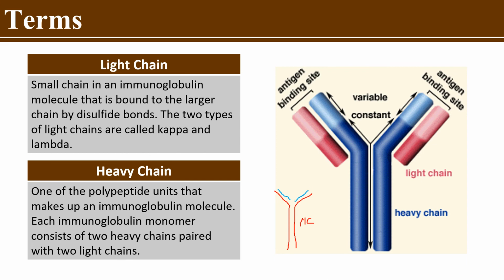Now, they would usually be attached by disulfide bonds. So, they would be attached by disulfide bonds. So, your light chain is known as either kappa, and the other one would be known as your lambda. So, here you could find your Fab site or your paratope, where they would attach to the epitope or the determinant site.